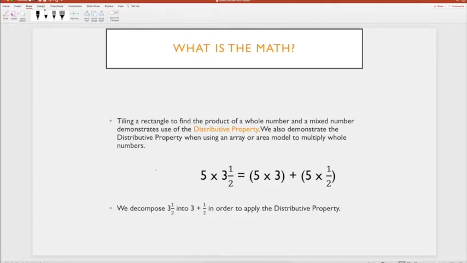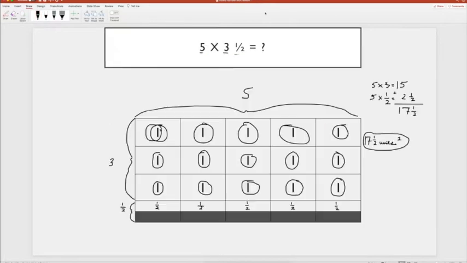5 times 3 and a half, get my pointer here, 5 times 3 and a half, okay, can be broken down into 5 times 3 plus 5 times a half, which is exactly what we did in the previous slide. 5 times 3 here, and 5 times a half.